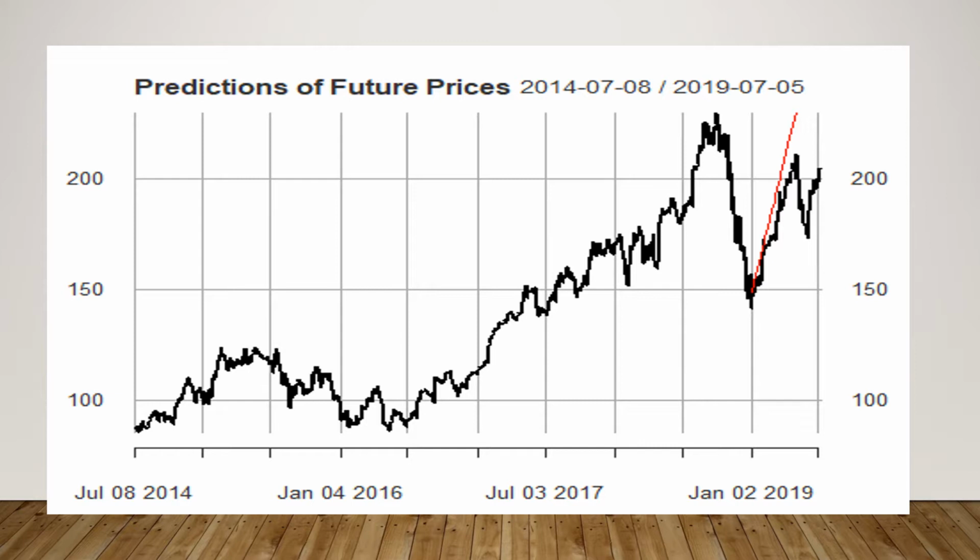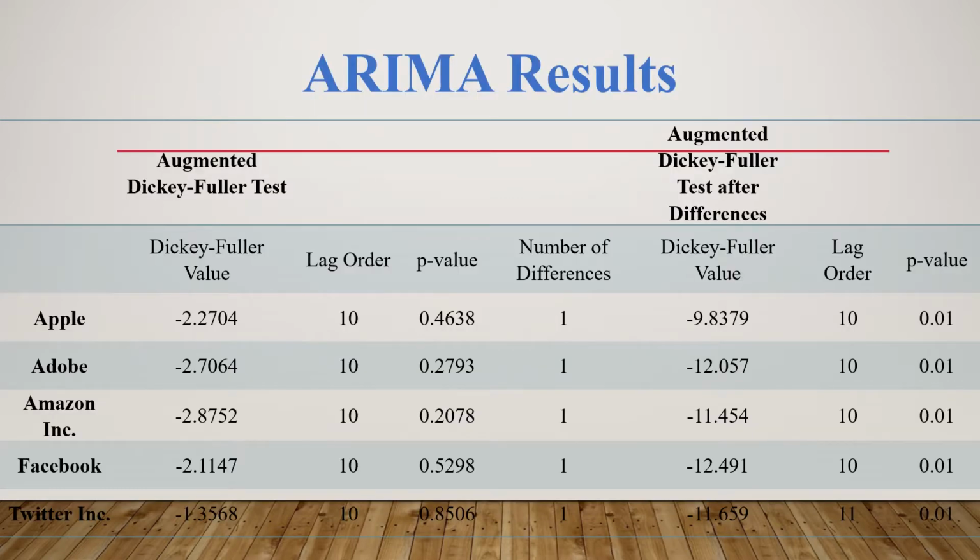Our trend shows that the prediction is rising. So based on this, we can conclude that the stock for Apple is going to rise in upcoming days, so we can consider Apple for our portfolio.